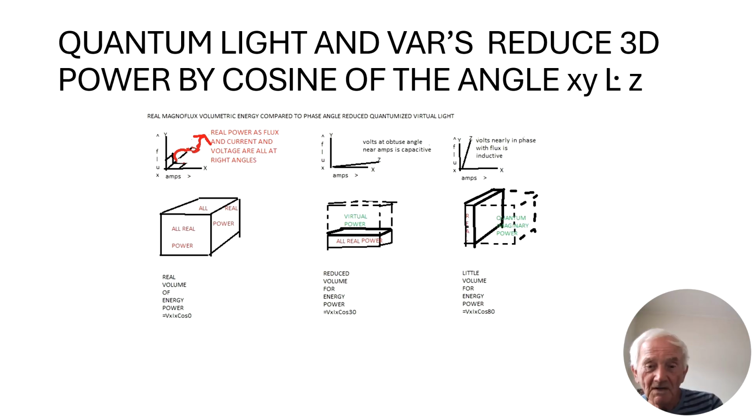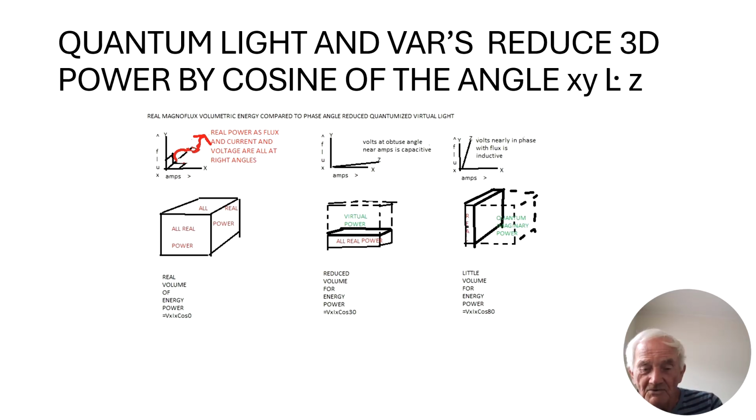But quantum light and VRs will reduce the 3D power by the cosine of the angle xy to angle z. And we show here on the top left-hand side the original picture which you've got used to. But then if the voltage isn't exactly at right angles, then of course you get a loss because you've lost the volume in which you were going to put the power.